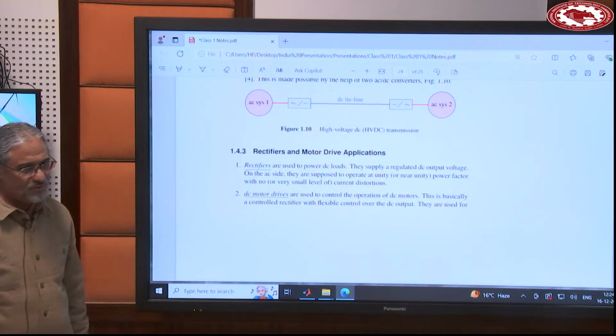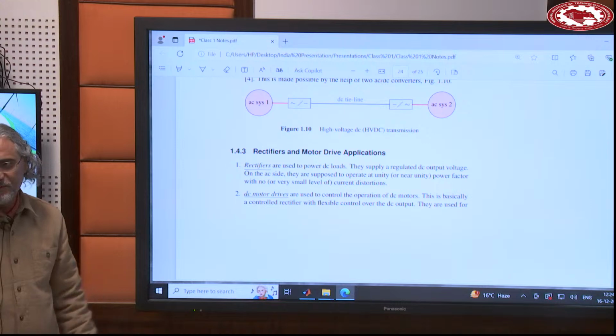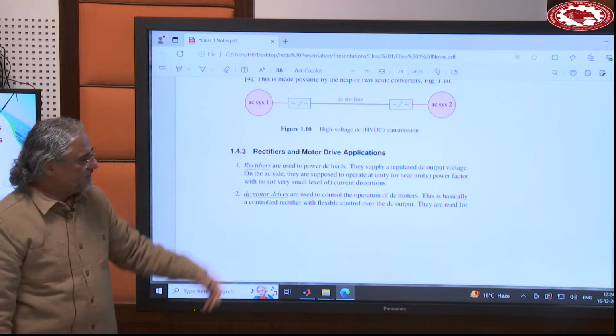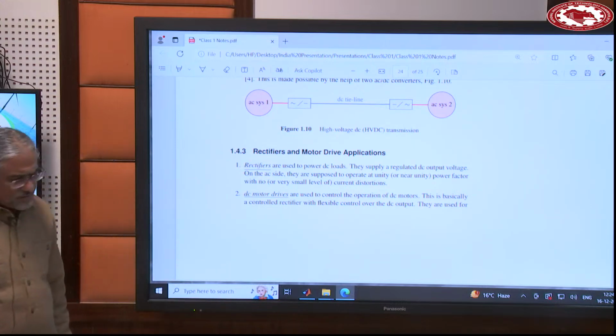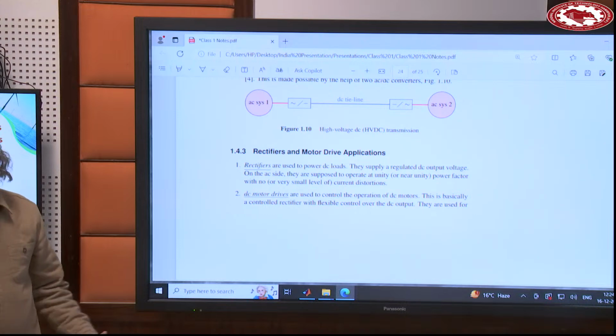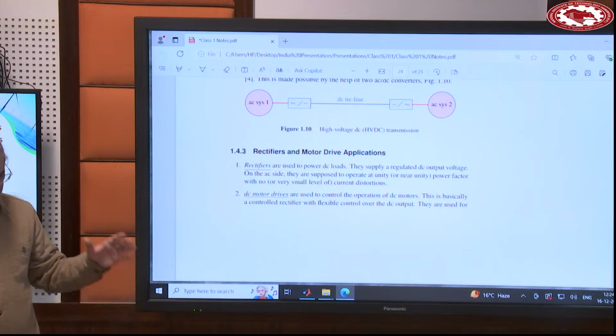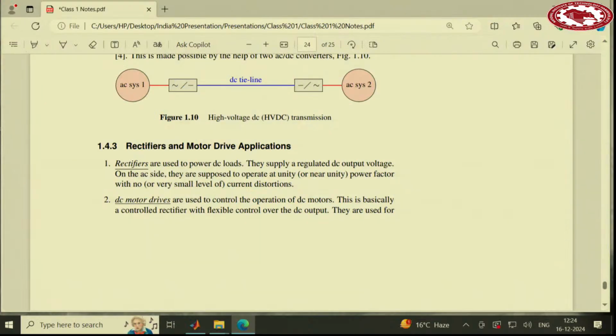So if you want to control a DC motor connected to an AC power supply, you have basically a rectifier. Motor drives are basically another name for the same concept. All of them are converters, but are used specifically for controlling the operation of a motor in terms of either speed or angle, right? So in this context, it's called a motor drive.